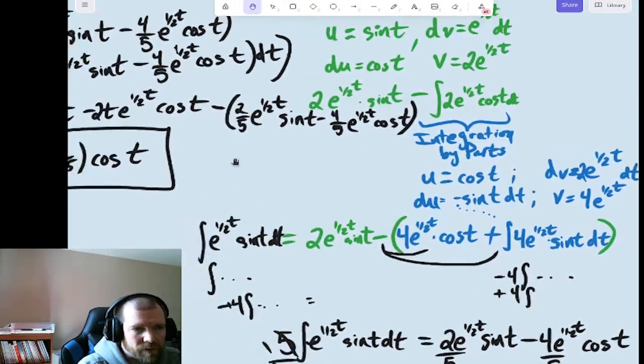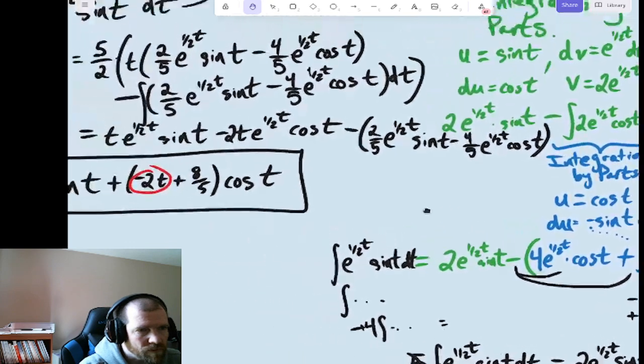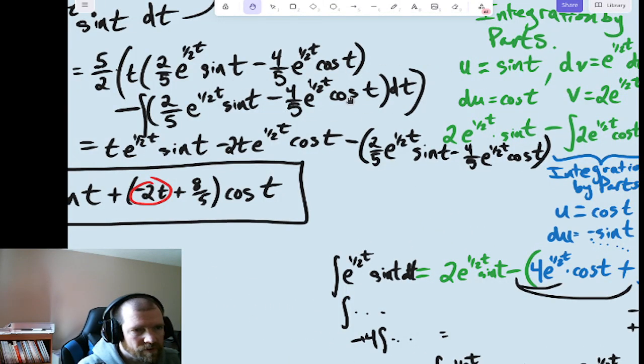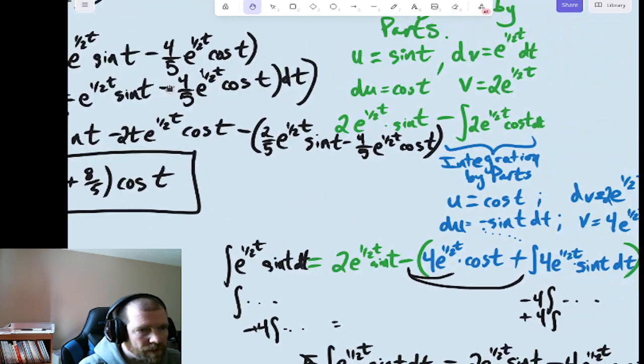Alright, and then the cosine derivative ends up being, alright, a negative 2 times that, so it's, I mean, literally all that. So it's just going to be this thing, which then this one we could subtract, substitute it.